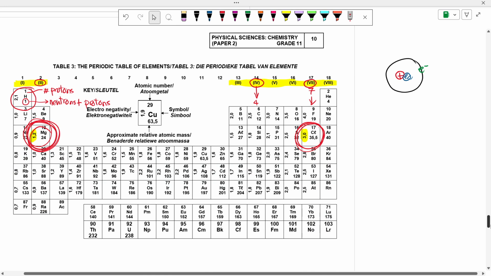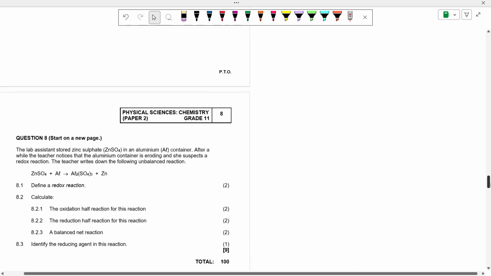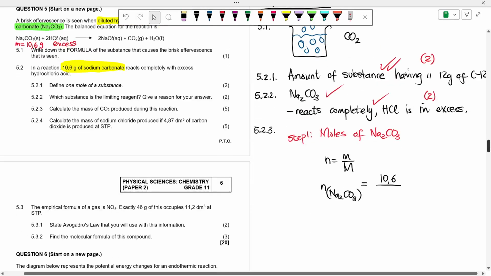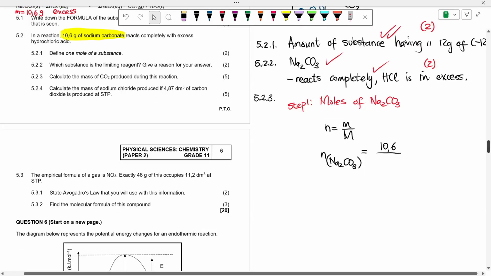Okay, sodium is, oh, I actually hid it there with that, but it is 23. There it is on group 1 on the corner. So let's do 23 times 2 plus 12 plus 3 times 16. 0.1 moles.